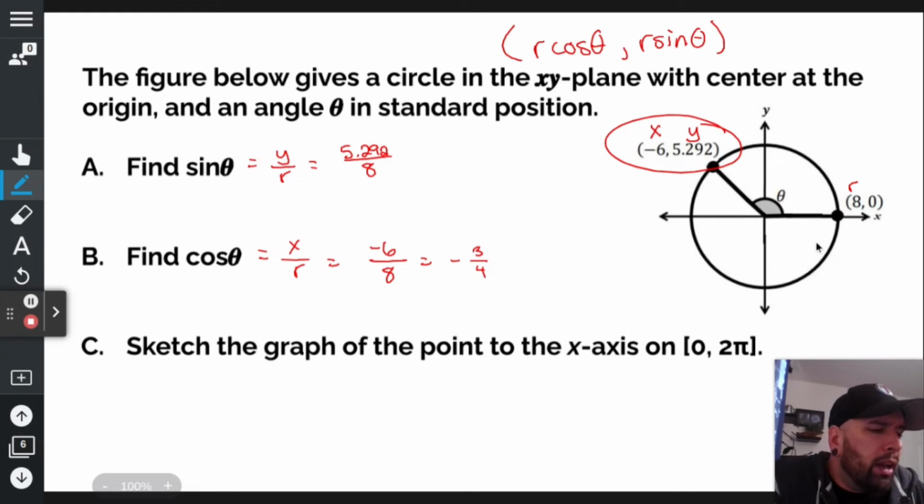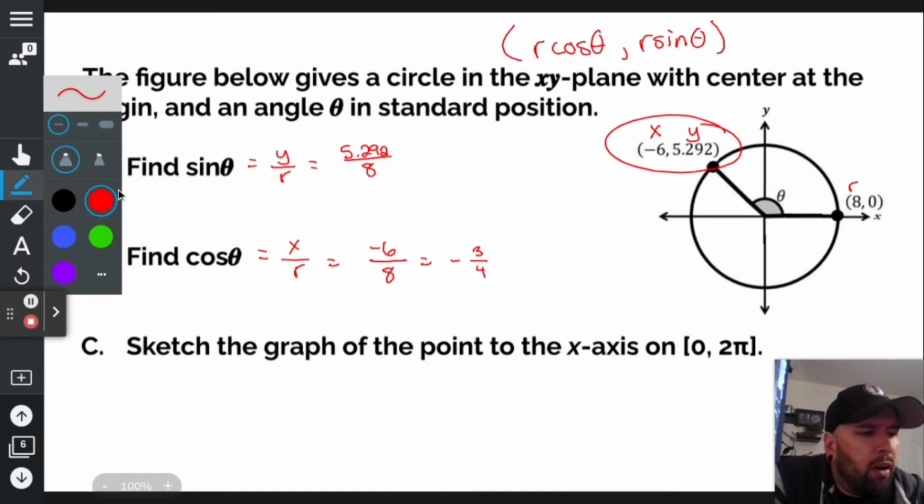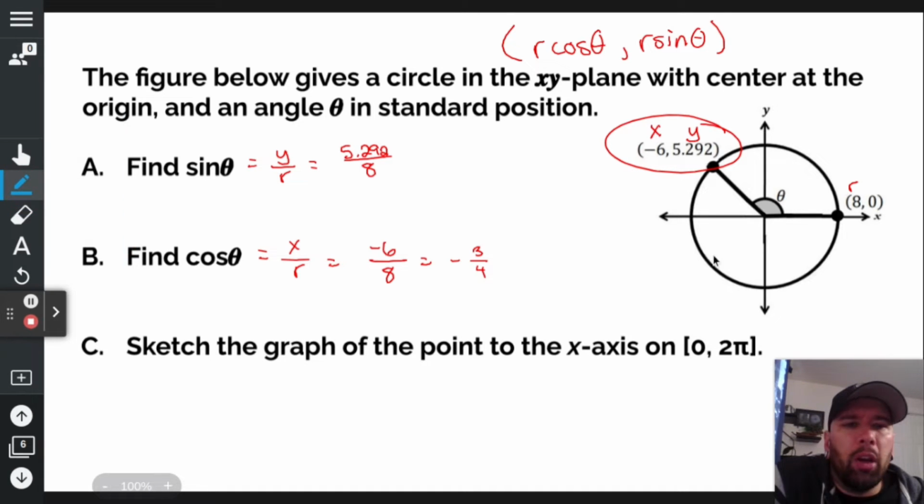Now, sketch the graph of the point to the x-axis on 0 to pi. All right, so what am I asking here? This is the problem when I make these things a month ago and I don't remember what the question is. The graph of the point to the x-axis on 0 to pi. I wonder if I don't really need to sketch the graph.